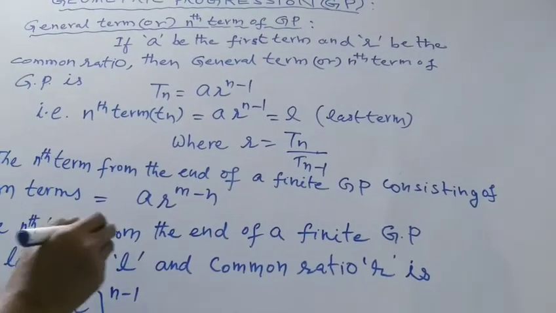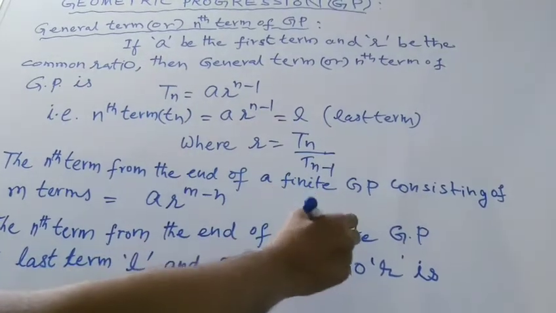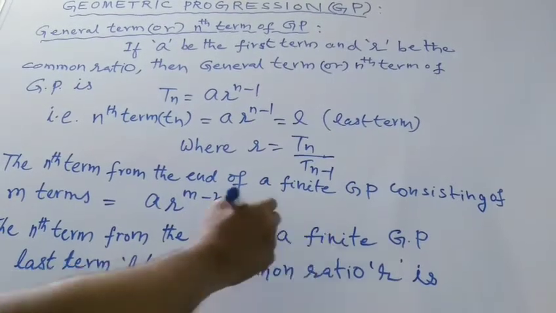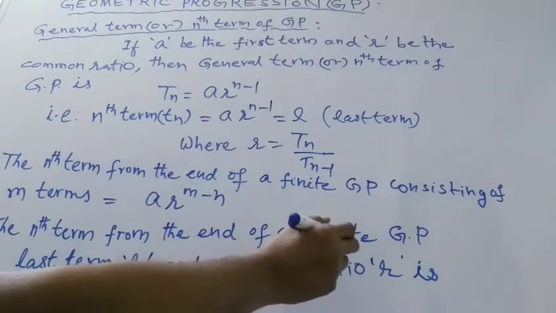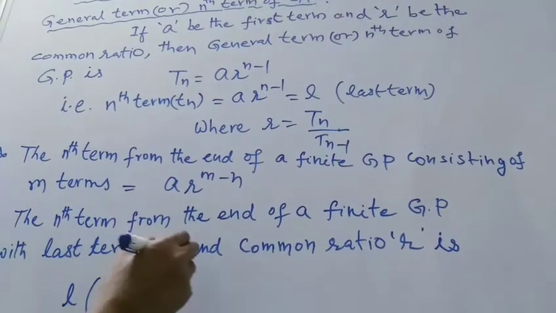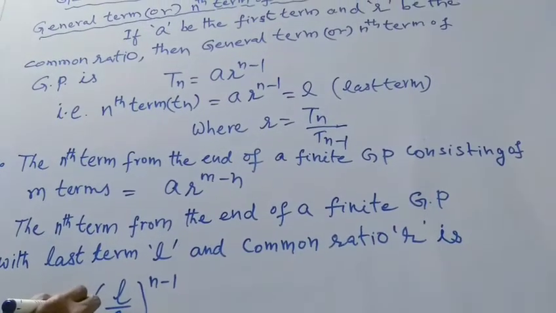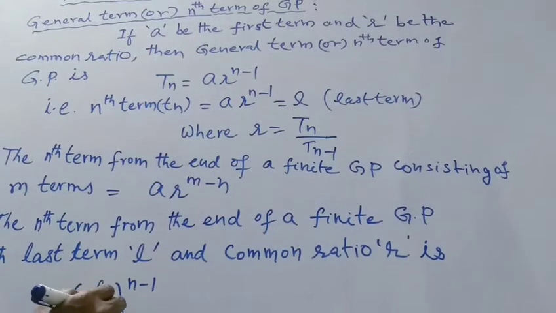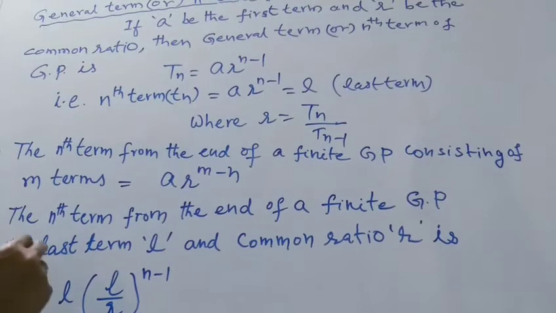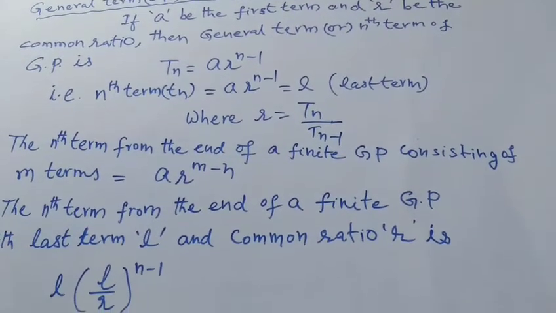The nth term from the end of a finite geometric progression, where only limited terms are there, with last term l and common ratio small r, is l into (1 by r) to the whole to the power of n minus 1. For this, now I am giving the examples for this concept for understanding and for better performance.